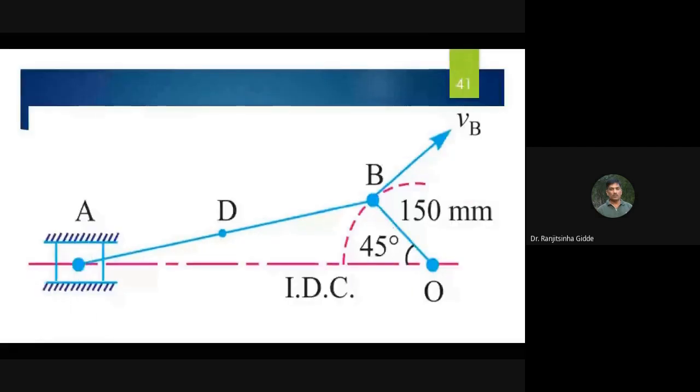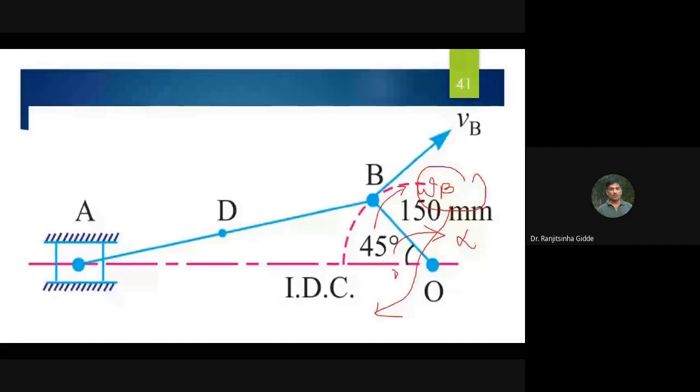Okay. So here speed is given. That means omega is given, so constant velocity, constant angular velocity. And suppose if alpha is given, that indicates there is change in angular velocity.